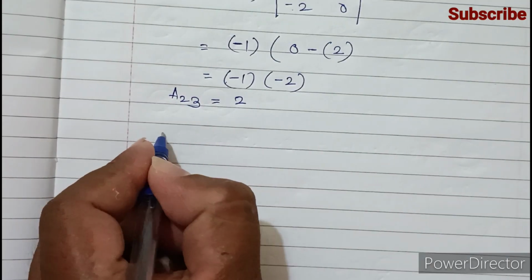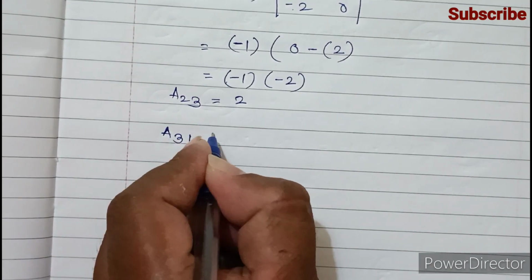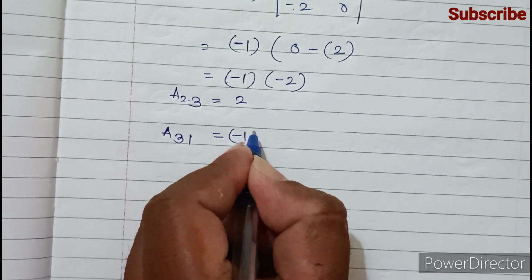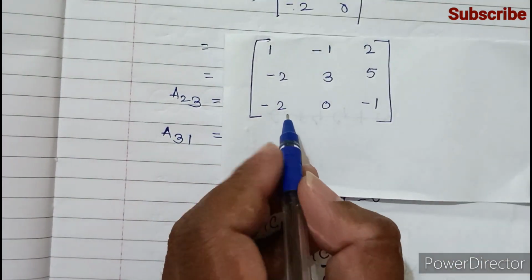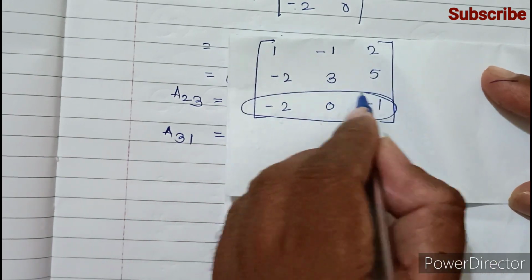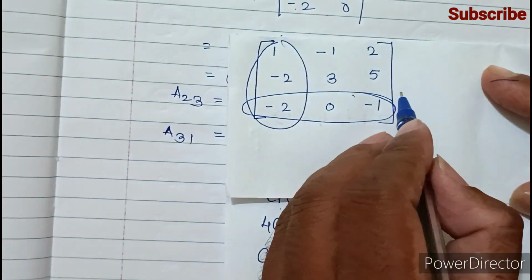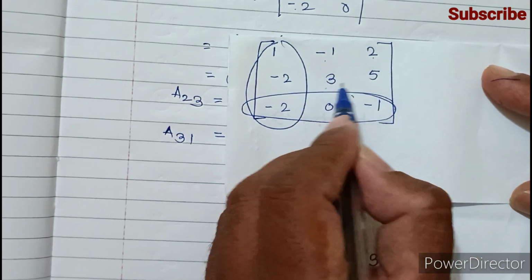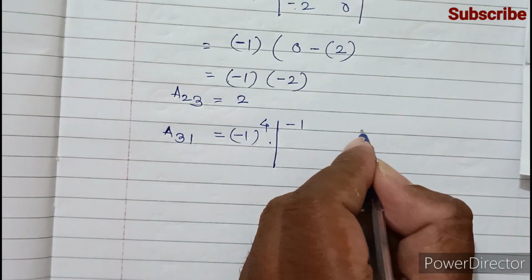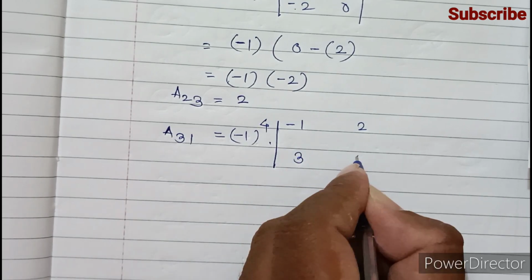Now we have to find the value of A31. That will be equal to (-1)^(3+1), that is 4, into the minor where the third row and first column should be eliminated, and the remaining elements are -1, 2, 3, 5. That is -1, 2, 3 and 5.